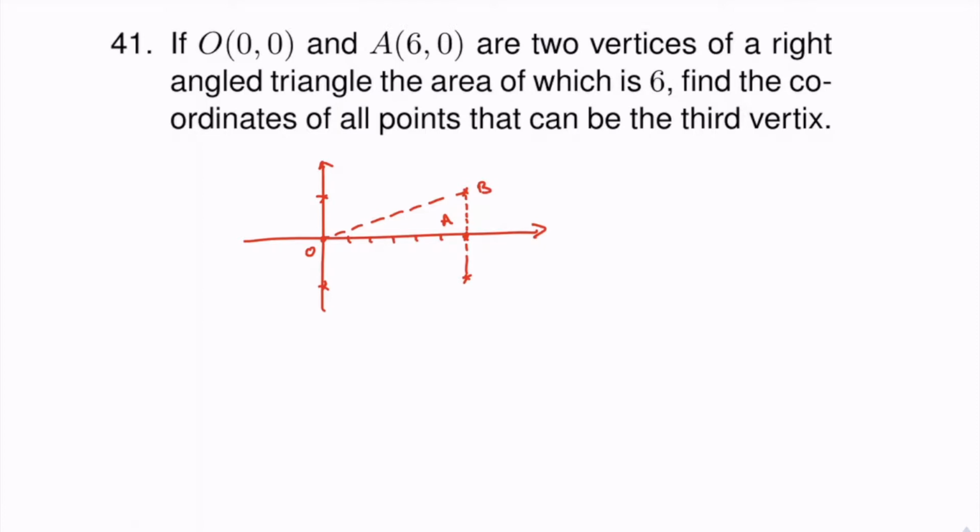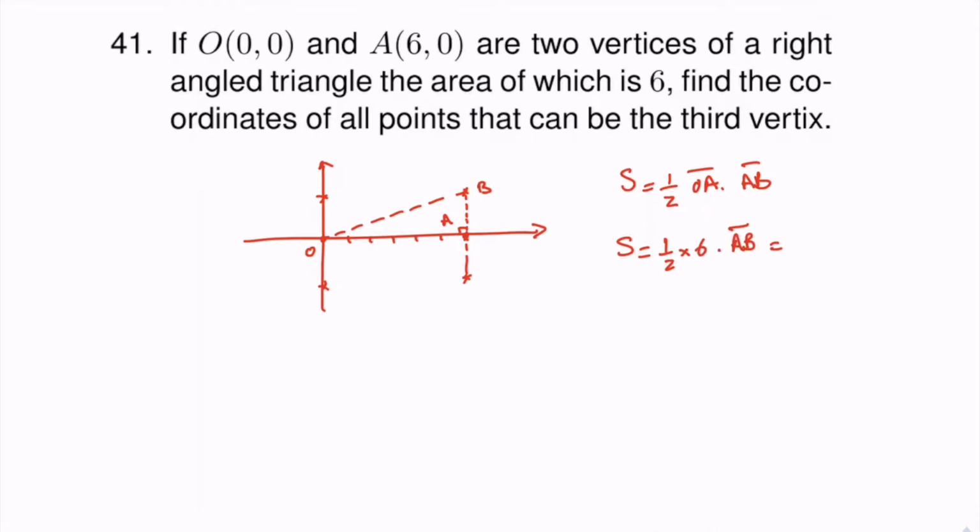And now we know that since this angle is 90 degrees, then AB can be the height of the triangle and OA can be the base. And therefore, area, let's call it S, will be 1/2 of OA times AB. And we know that OA is 6, so S is 1/2 times 6 times AB.